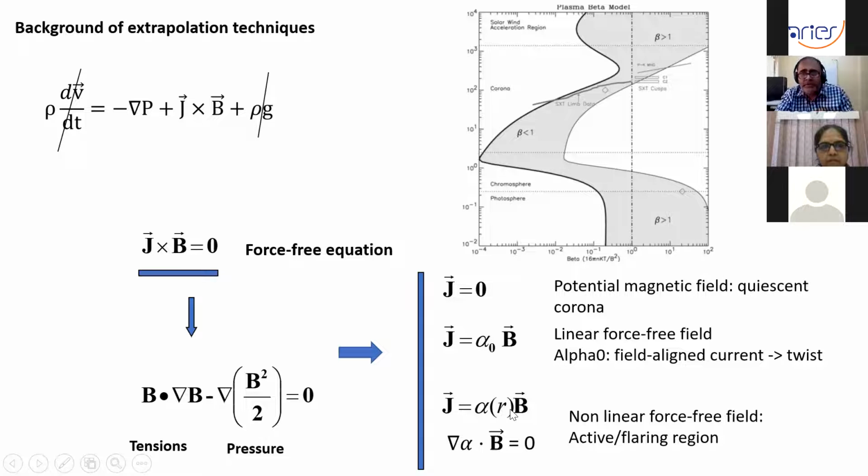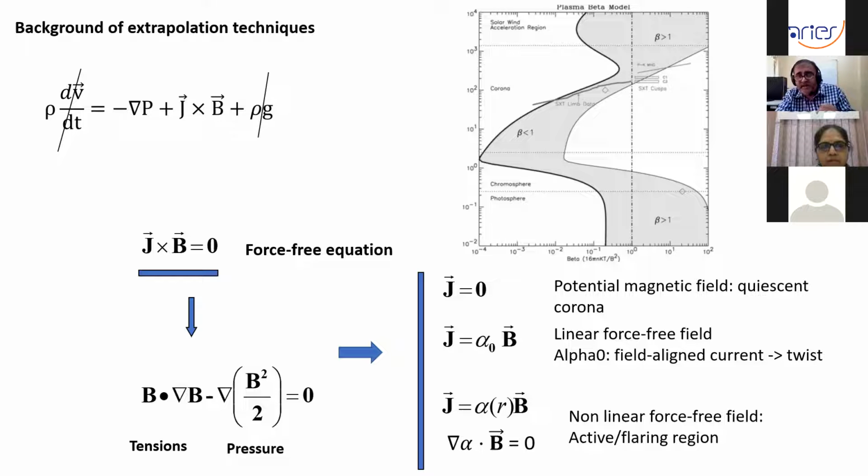So people looked for a general alpha which is a function of space. It varies with r. So they wrote J is equal to alpha r times B, where r is a position vector. And this cannot be the only equation, because one has to satisfy the solenoidality condition of the magnetic field, divergence of B has to be 0, which gives you the second condition, grad alpha dot B is equal to 0.